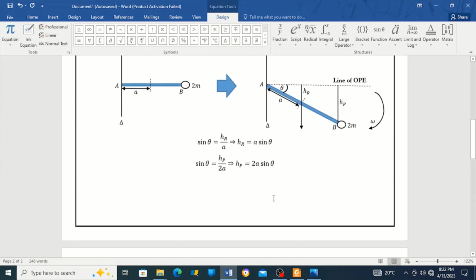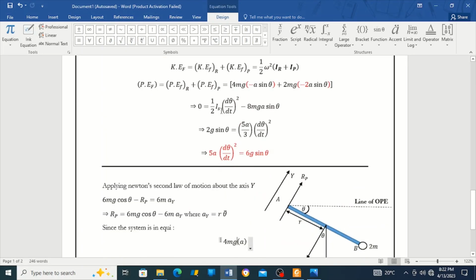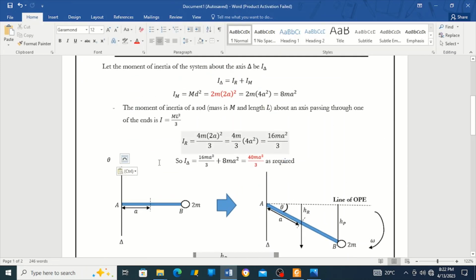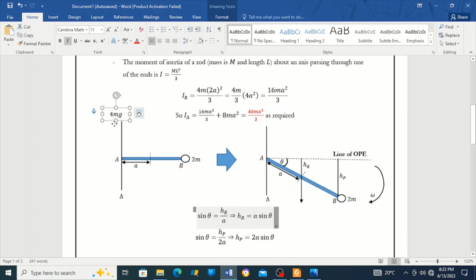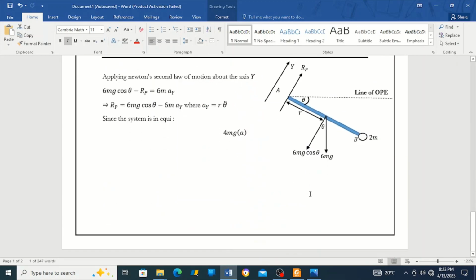If we come back here, we see that the weight of the rod is simply 4mg, and the perpendicular distance from that to the axis at A is small a, because it is half of the length of the rod.